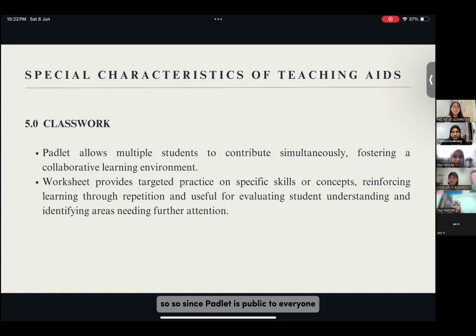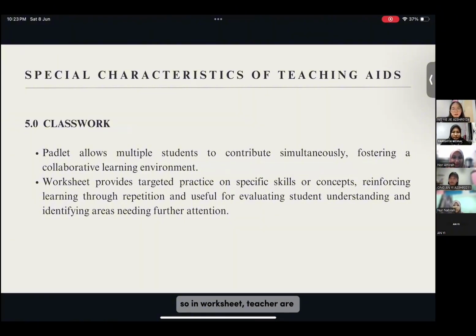Since Padlet is public to everyone, students can share their answers, and other students can use their friends' answers as a reference and maybe make improvements after seeing others' answers. The worksheet provides targeted practice on specific skills or concepts, reinforcing learning through repetition, and is useful for evaluating student understanding and identifying areas needing further attention.